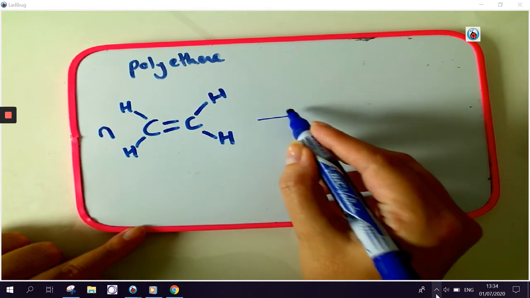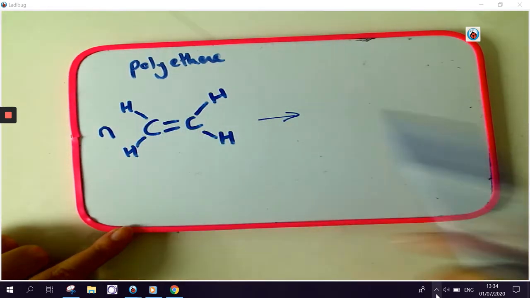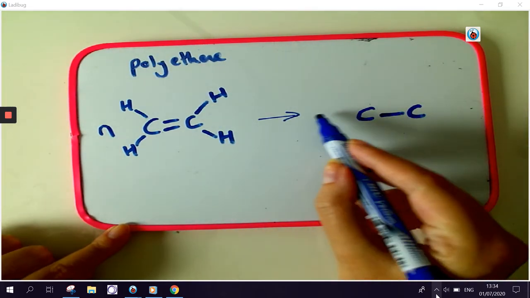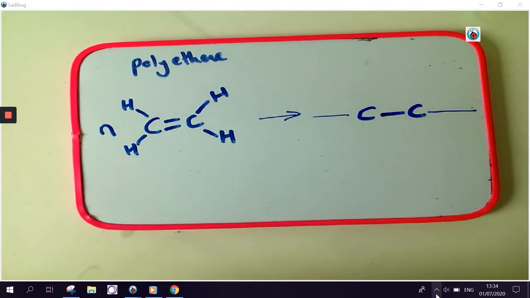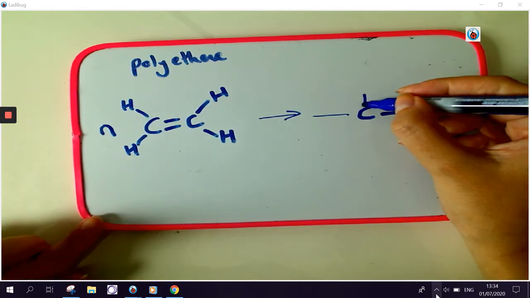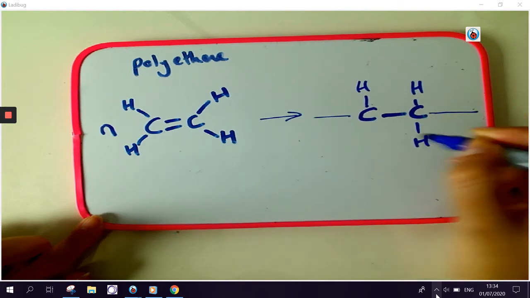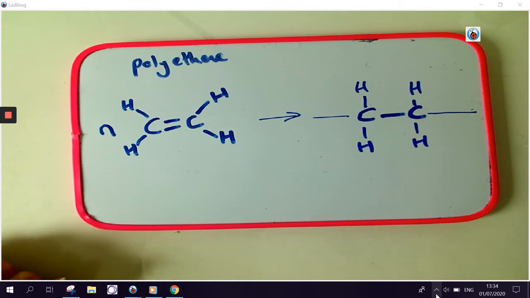Now, when these molecules join together, this double bond opens up. So we will have a single bond between the carbons, and then the other bonds will extend out. Everything on the carbon molecules will stay exactly as it was, and they will all join together in a repeating chain.